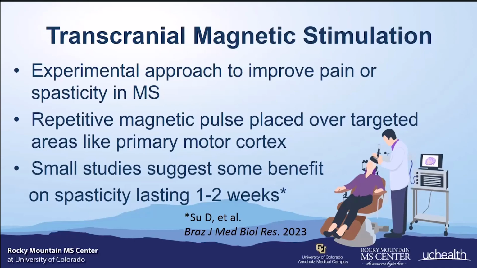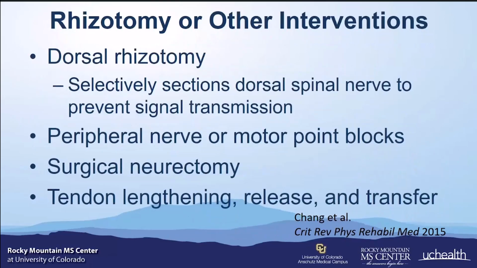There have been some small studies that have suggested some benefit on spasticity that lasted at least a couple weeks. But we need to figure out whether it works in a lot of people, what the right parameters are, how often you need to give it, all that stuff. I'm interested in this, so stay tuned, but we'll need to see more research on it.